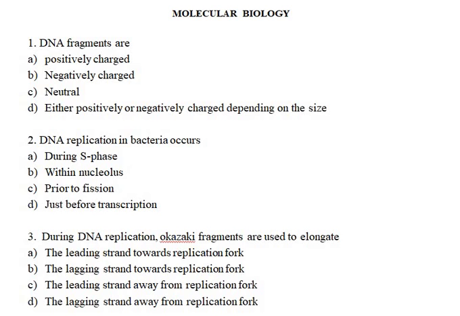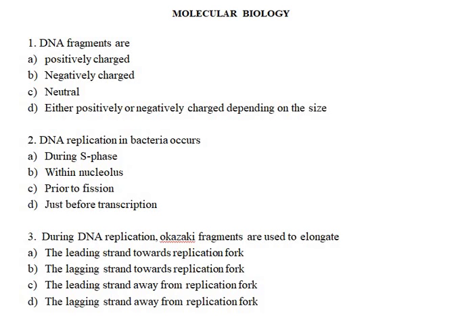It starts from the first Okazaki fragment. The first Okazaki fragment is formed towards the replication fork, so it should elongate away from the replication fork. So the correct option is D. During DNA replication, Okazaki fragments are used to elongate the lagging strand away from replication fork.